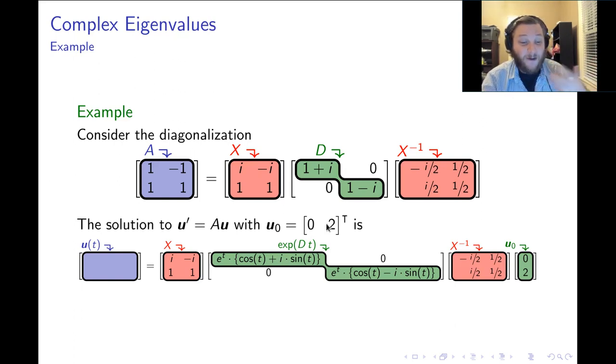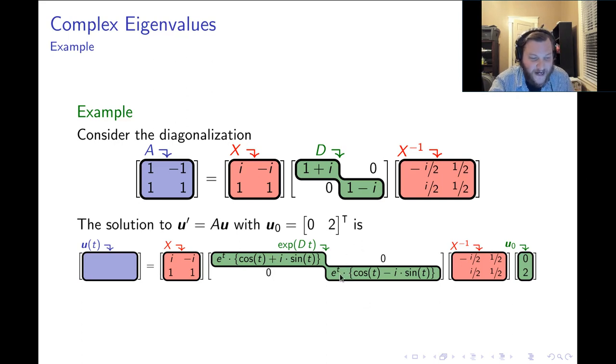So the only thing I really need to do here is figure out the exponential of D times t. So that would be the diagonal matrix, whose diagonal entries are e to the 1 plus i multiplied by t, and then e to the 1 minus i multiplied by t. If I apply Euler's formula, this would be e to the t multiplied by cosine of t plus i times sine of t.